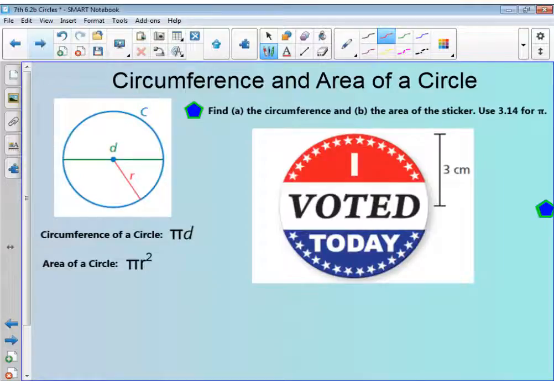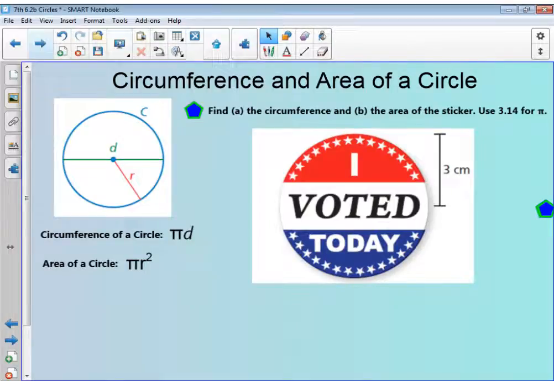Whenever you would do the area of a rectangle, you would label whatever the units were, say inches, and you knew to put a little squared on it. So that's another method: area has that squared in the formula. The key thing is you're going to have to memorize these two formulas. You have to know which one goes with what. Off to the side, I do have a picture of my diameter, my radius, and my circumference.